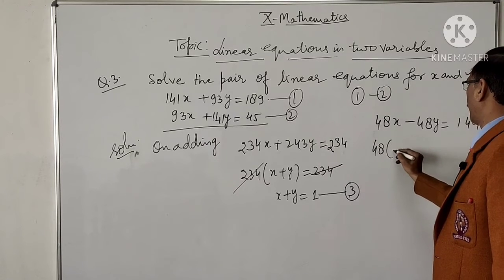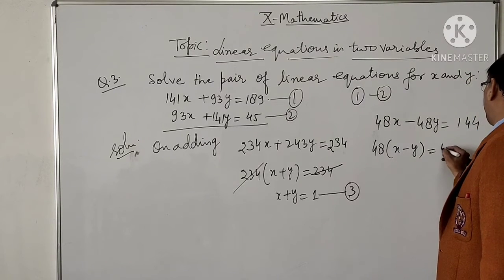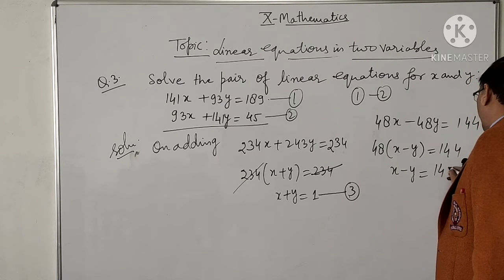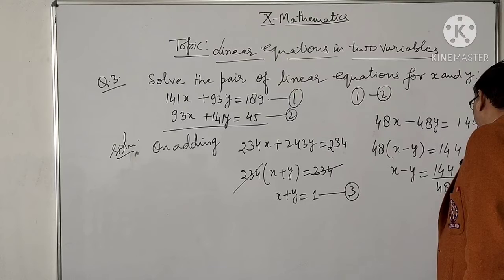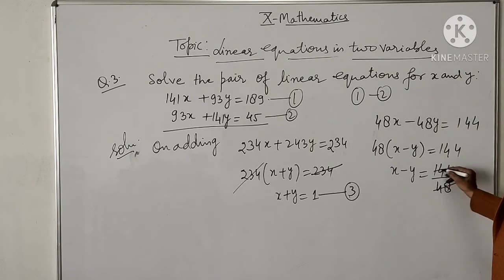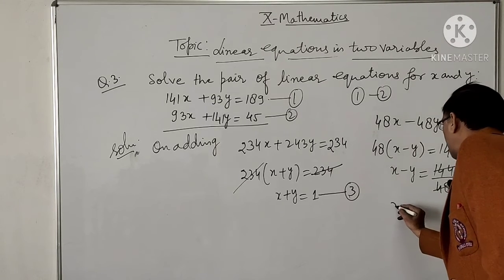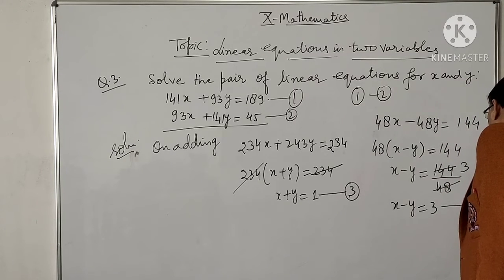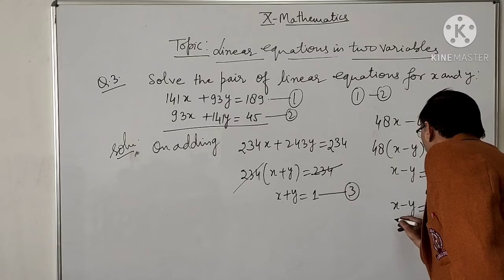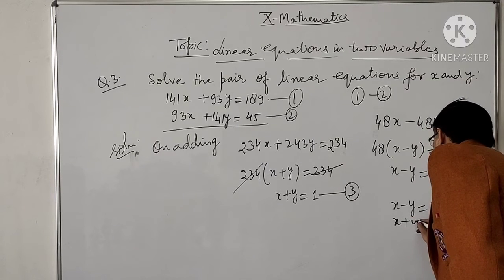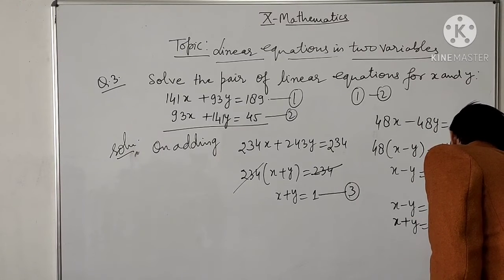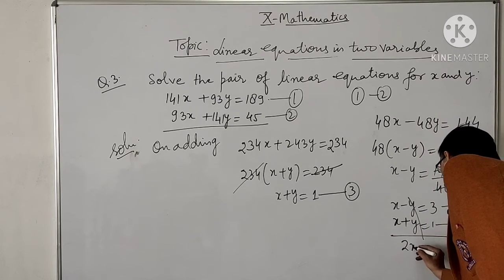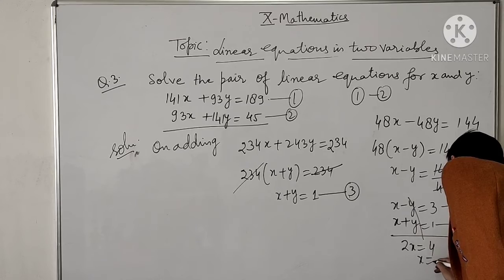48 common. x minus y is 144 upon 48. It is 3. So x minus y equal to 3. It is equation 4. Now adding 3 and 4, so 2x equal to 4 and x equal to 2.